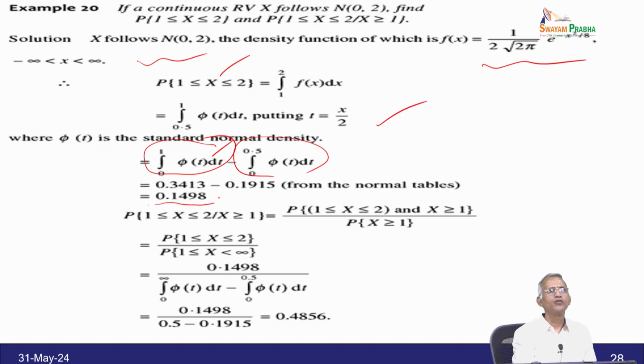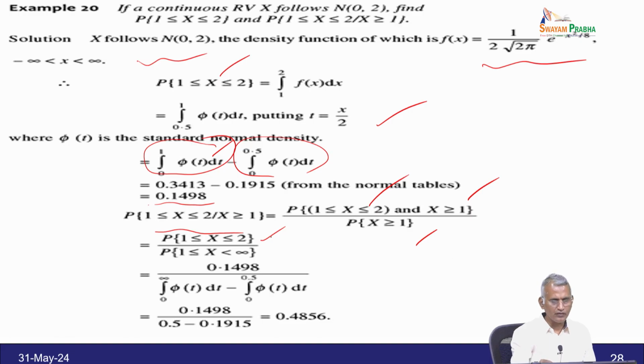We have 0.1498. So, the probability of 1 less than or equal to x less than or equal to 2, given x greater than or equal to 1, is the probability of 1 less than or equal to x less than or equal to 2 and x greater than or equal to 1, divided by the probability of x greater than or equal to 1. For the numerator, after simplification we have the probability of 1 less than or equal to x less than or equal to 2, divided by the probability of 1 less than or equal to x less than infinity.